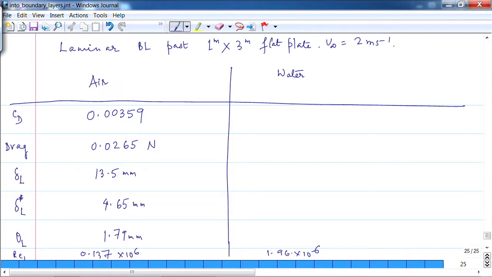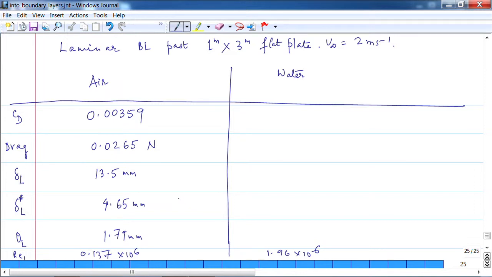So 1.96 million and 0.137 million. Both are less than 5 million, therefore both are laminar boundary layers. So these parameters that we evaluated are all for laminar boundary layer.